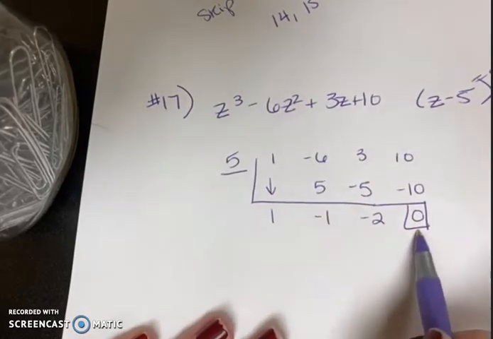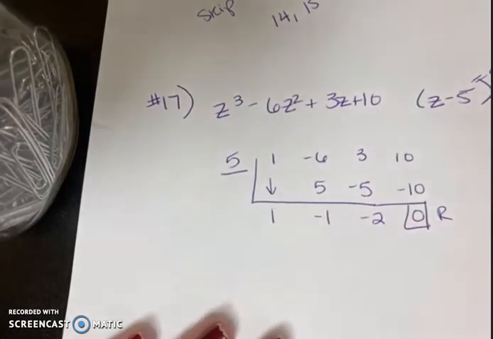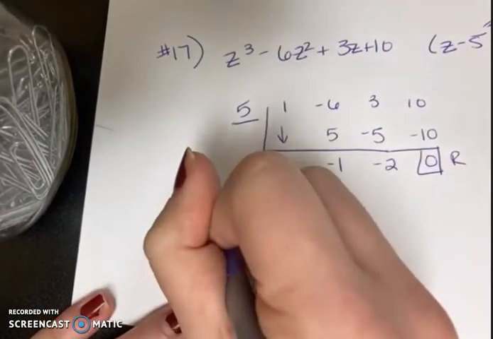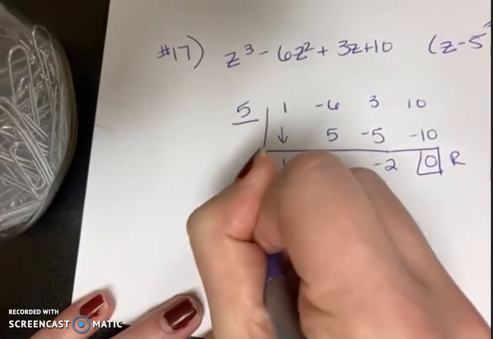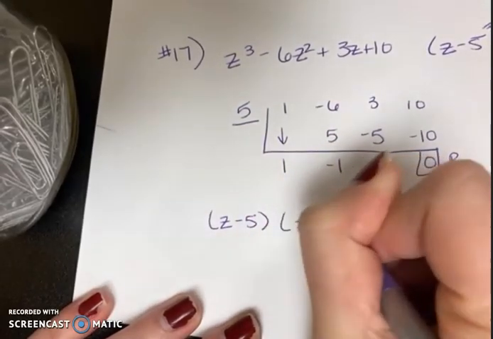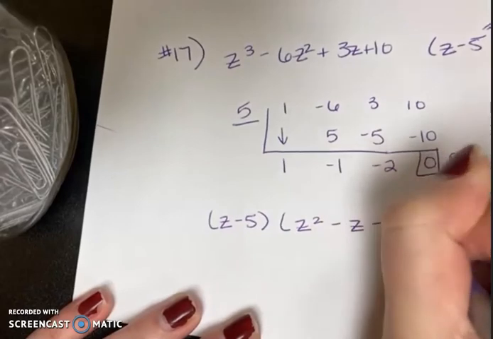So once again, see how the remainder is 0. This is a factor. So how I can rewrite it is z minus 5 times z squared minus z minus 2.